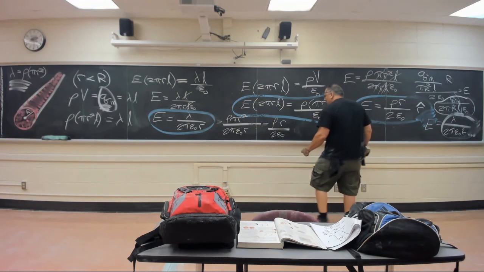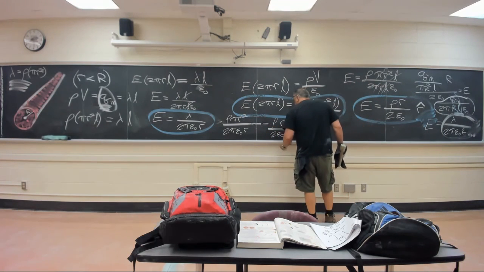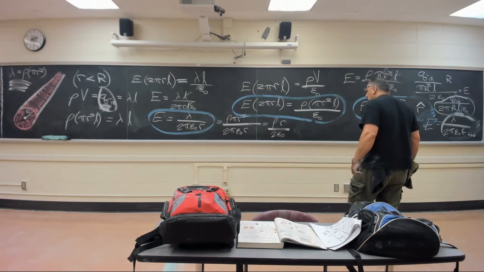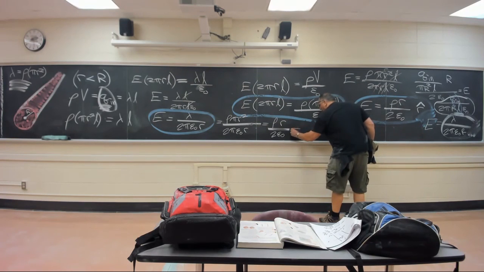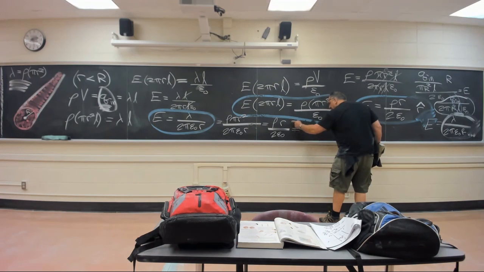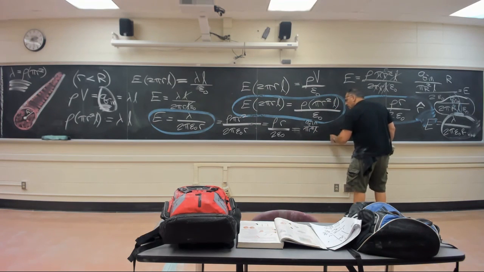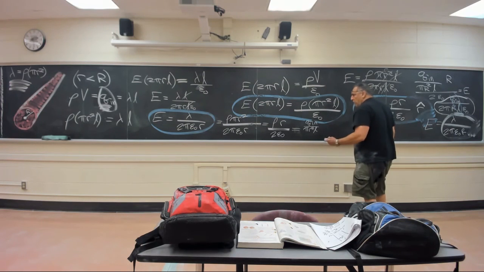Now this right here is Q in over pi r squared L. Even with the small r it works. That's what I'm trying to say. This rho is Q in over pi r squared L. True.